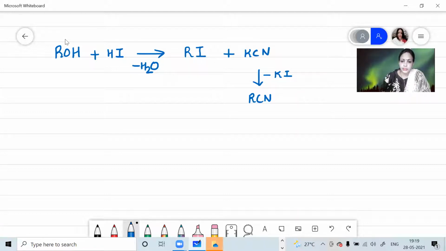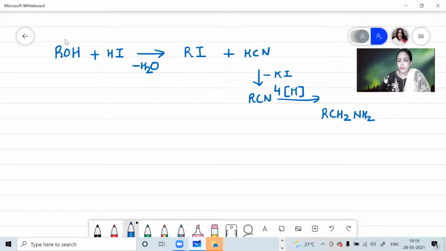Now this RCN is your alkyl cyanide, which undergoes a reduction process. In this reduction process, it uses 4 nascent hydrogen. Reduction means addition of hydrogen atoms. So it forms the product RCH2NH2.